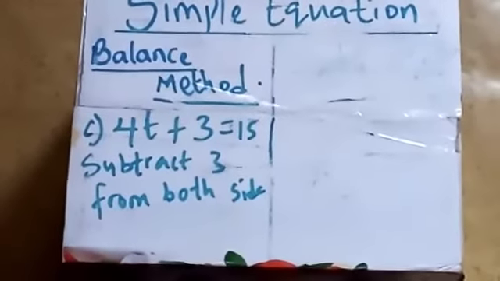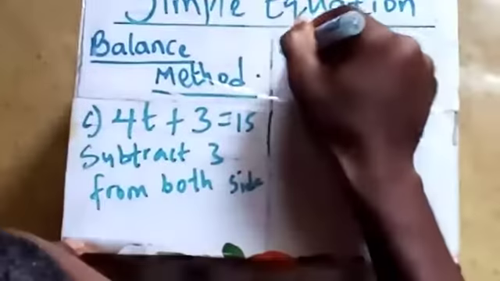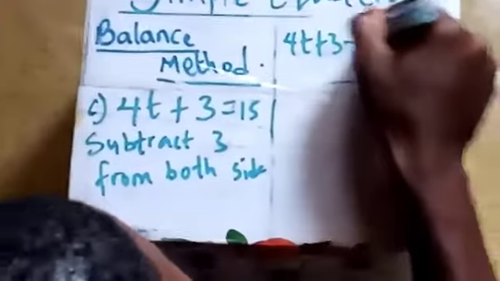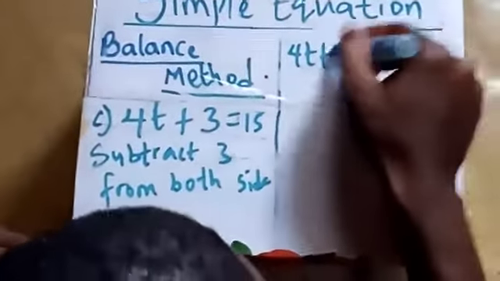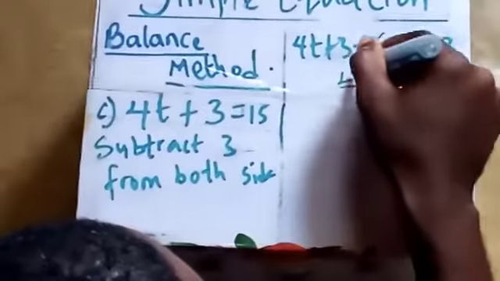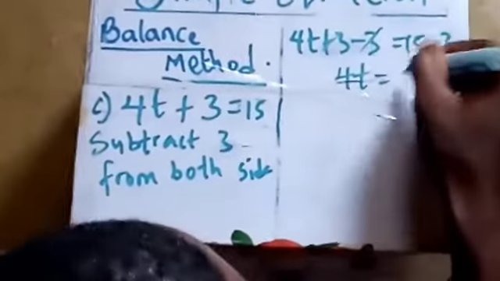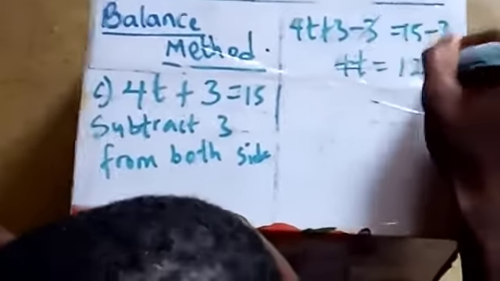On solving it, you have 4t plus 3 minus 3 equals 15 minus 3. So this and this will go. You are left with 4t equals 15 minus 3, which will give you 12.